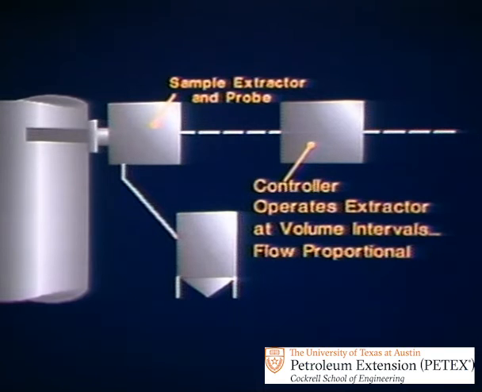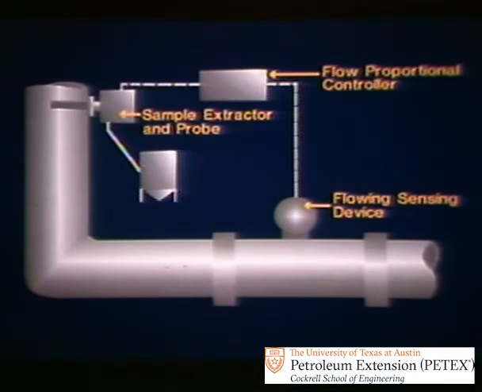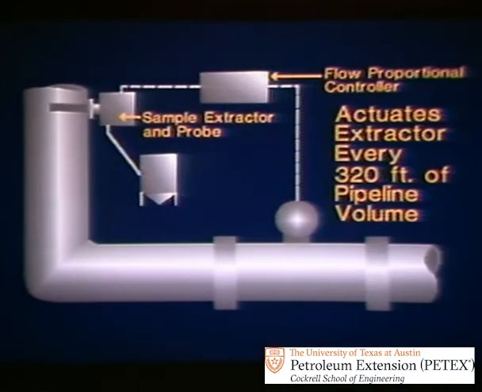In other words, the controller is paced by a flow sensing device in the pipeline. The flow sensing device, through the controller, operates the extractor each time a measured volume flows past the sampling point. For example, here the controller actuates the extractor every time the volume contained in 320 feet of pipeline flows past the sampling point.